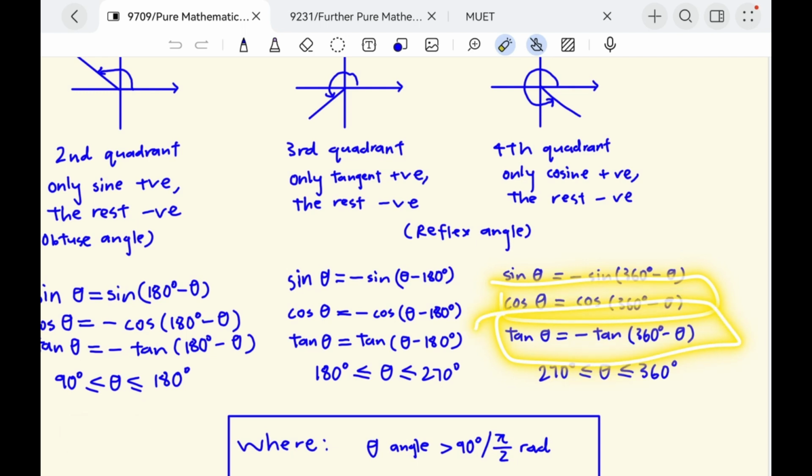Alright? The cosine is positive because the x direction is positive. So for the tangent theta, it is negative, as I said, using the definitions of the trigonometric ratios. Alright?